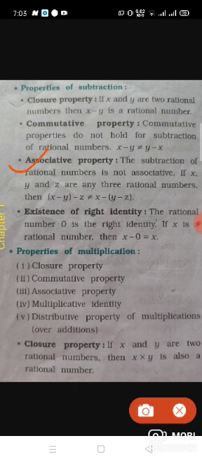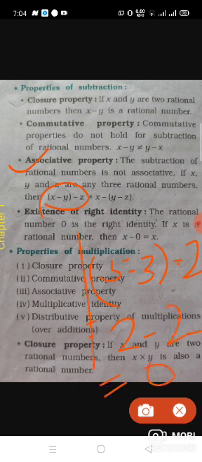Again here we take x equal to 5, y equal to 3, and z equal to 2. According to BODMAS, we have to solve the bracket first. So 5 minus 3 is equal to 2, and then minus 2. So 2 minus 2 becomes 0.